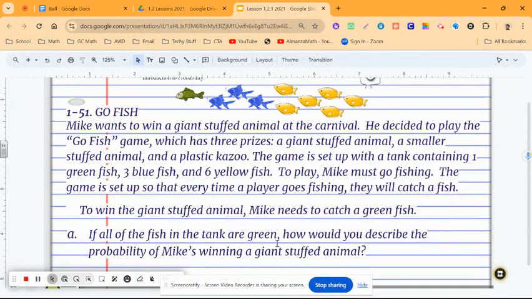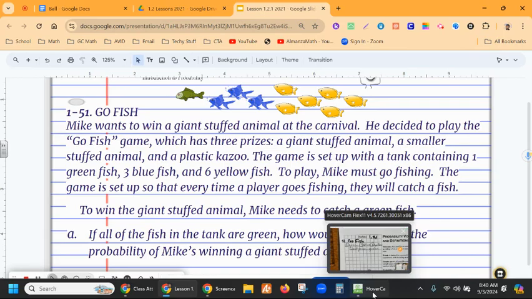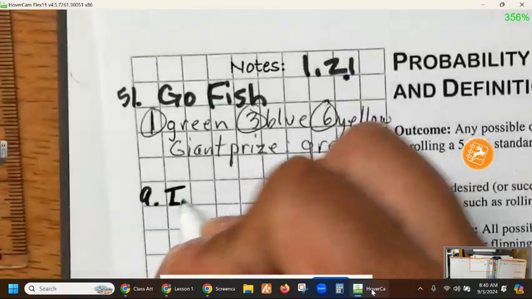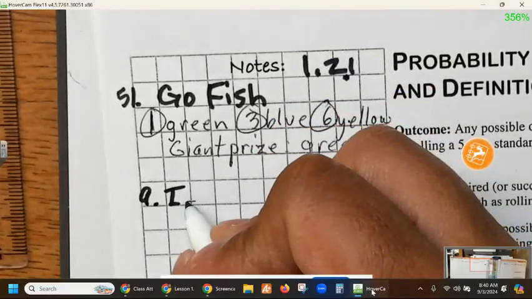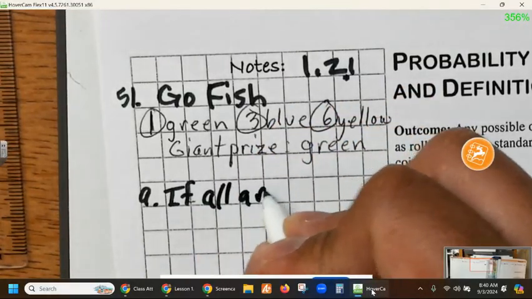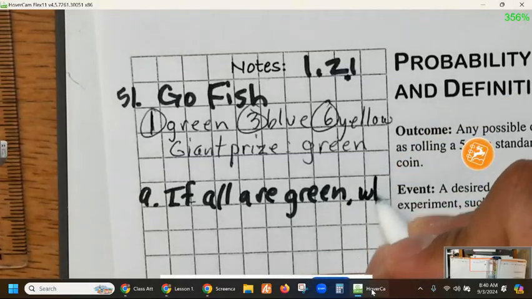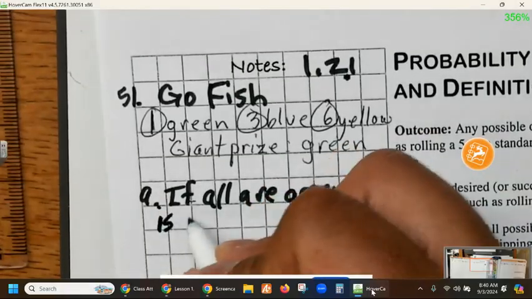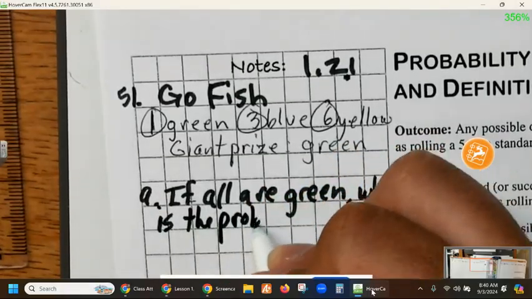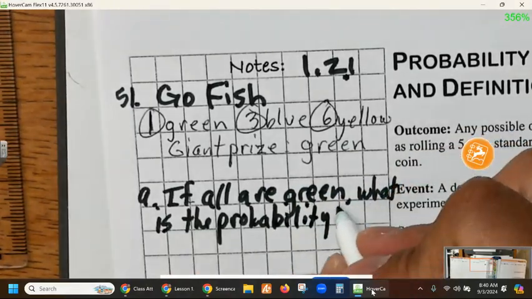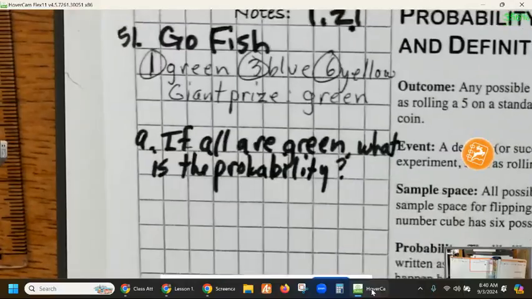Now, if every fish in the tank was green, it's not set up like this, but if every fish was green, how would you describe the probability of Mike winning a giant stuffed animal? Okay, so this is question A. If all fish are green, what is the probability of winning?